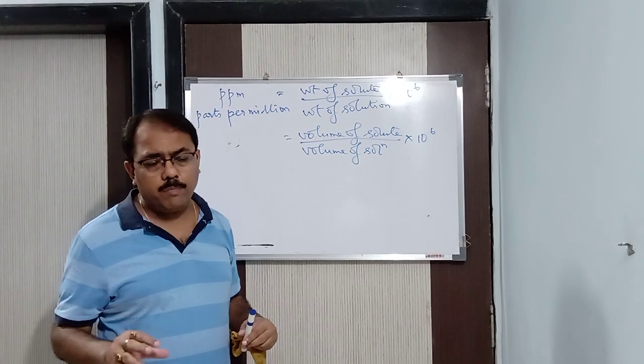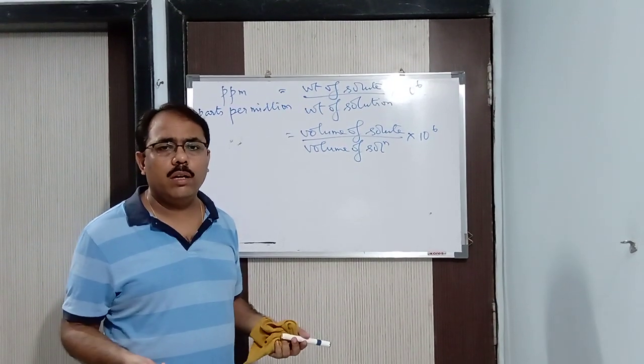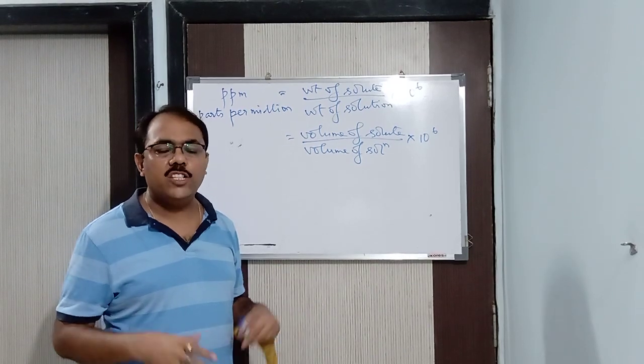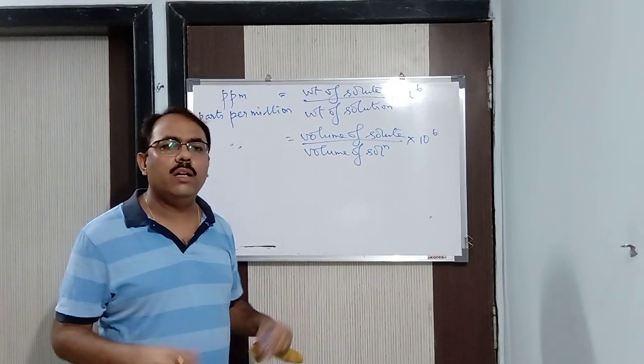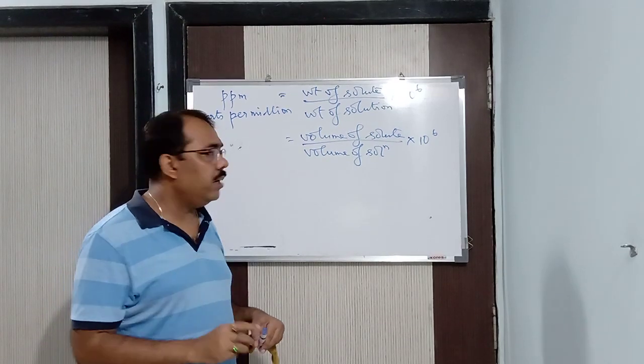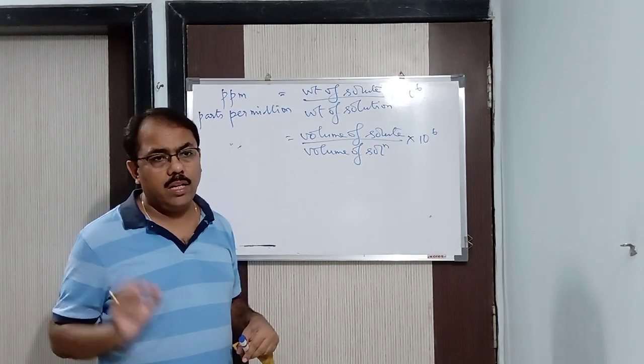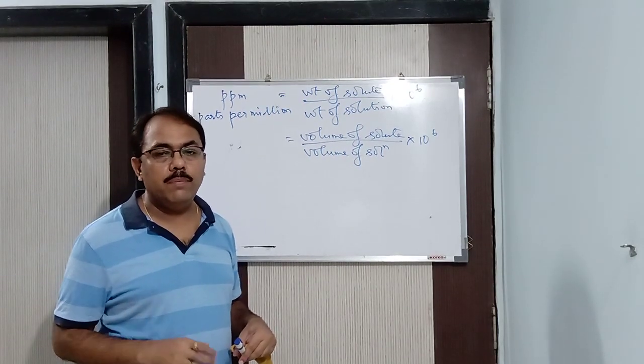How will you calculate the pollutant present in the air? Sulfur dioxide is a pollutant. Carbon dioxide is a pollutant. H2S is a pollutant. Lead is a pollutant, which is present in the air. We calculate it by using ppm, parts per million, or ppt, parts per trillion, or ppb, parts per billion.